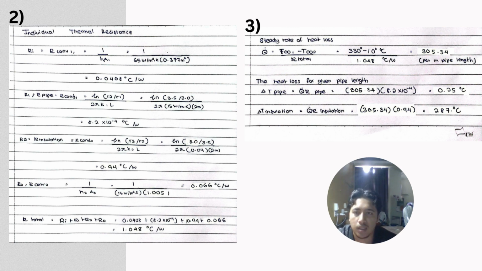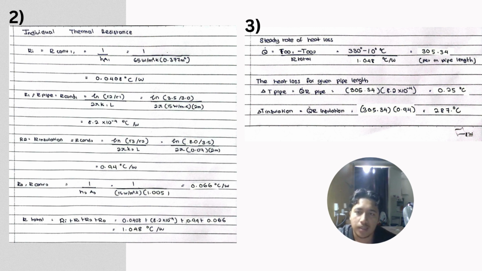As you can see, Ri and R1 are the same result as the past calculation. That is, Ri is 0.0408, and R1 is 8.2 multiplied by 10 to the power of negative 4 degrees Celsius over watt.